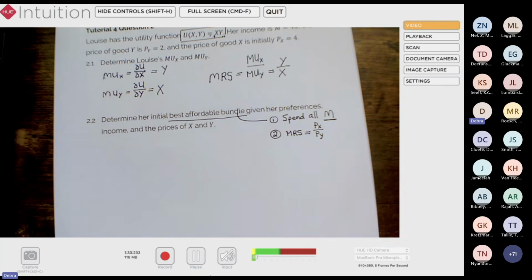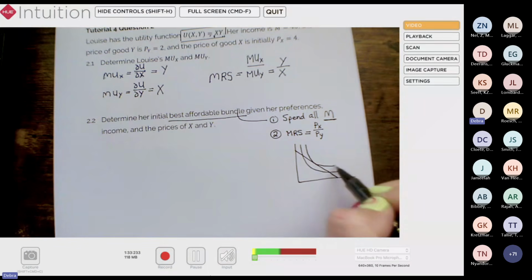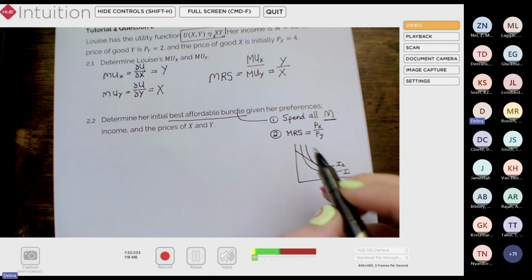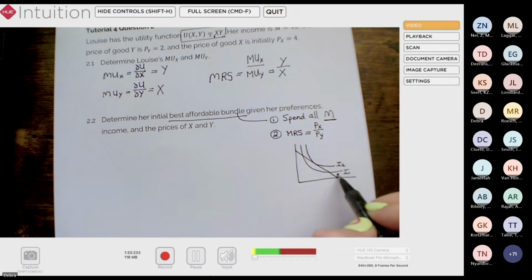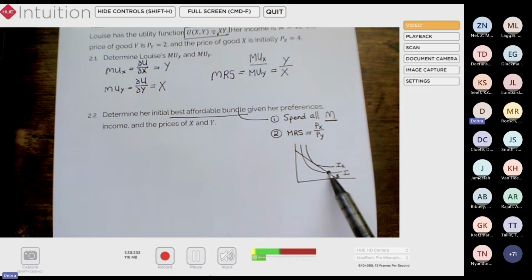So if I had to represent this very roughly, let's say I have these two indifference curves, and then this is my budget constraint. That point there satisfies condition 1. I'm on the budget constraint, so I'm spending all my income on X and Y. But it doesn't meet condition 2 because the slope of my indifference curve and the slope of my budget constraint are different.